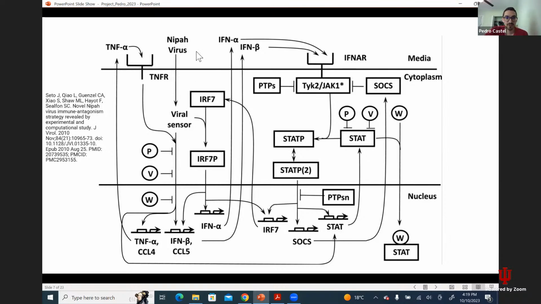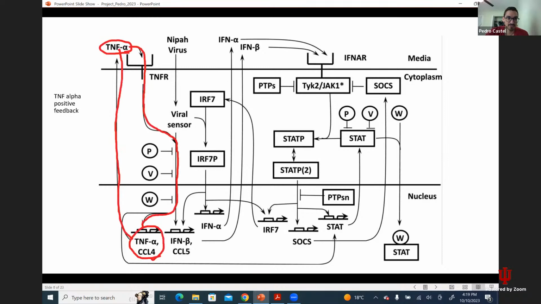This is specific for Nipah virus, which involves antagonist proteins, and this apparently is not the case for influenza, which is my focus. Okay, this is a fairly big network, so I studied it a little bit.